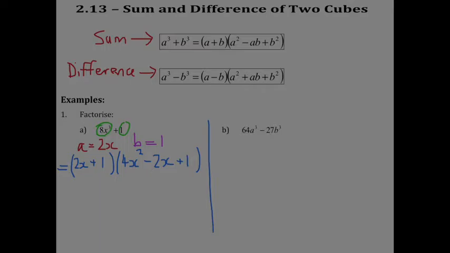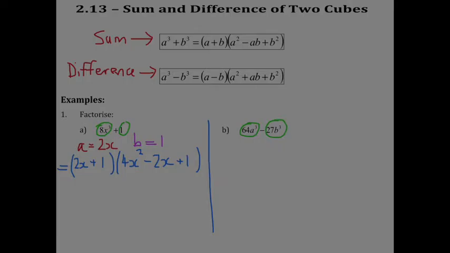So let's look at our second example. We're focusing on both of our terms that are separated by a minus sign. So it's a difference of, well, it's not two squares because there's cubes in the question, so it's a difference of two cubes.